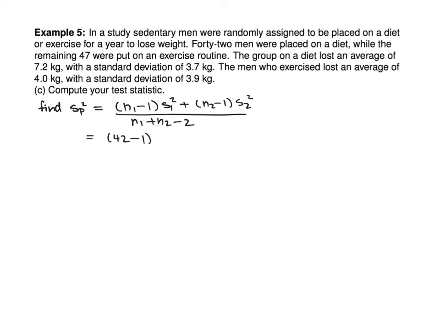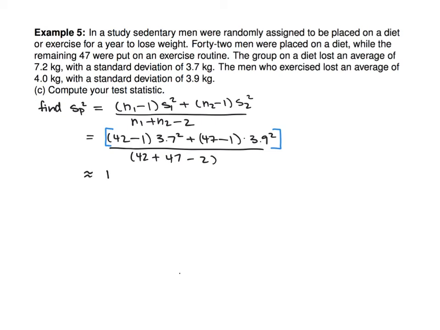So that's 42 minus 1 times 3.7 squared plus 47 minus 1 times 3.9 squared all over 42 plus 47 minus 2, in parentheses. If you're going to do this in one go, make sure you put a parenthesis there and a parenthesis there. So punch this in your calculator and you should get SP squared is about equal to 14.4937.